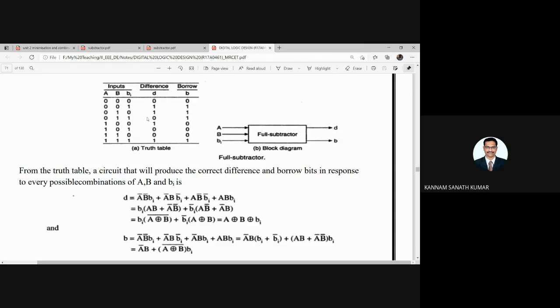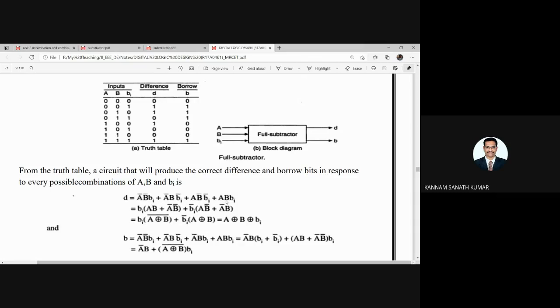Plus, for the second case, that means 0 1 0, A bar B Bi bar. And for the fourth, that means 1 0 0, we have the output 1, A B bar Bi bar, and for the last case 1 1 1, A B Bi.